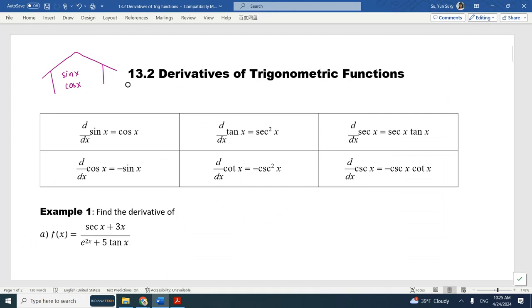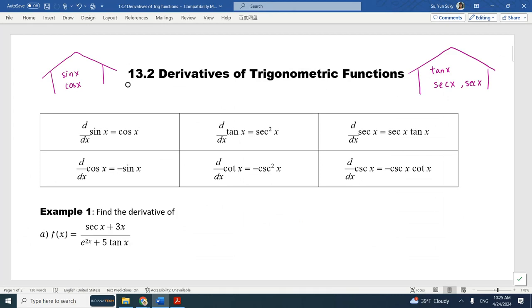And there is another house. Well, tangent has two wives, secant. You know, some countries, the husband can have more than one wife. You can imagine that. So in this house, tangent has two wives, secant and secant. So who's the family member of tangent? Secant squared.